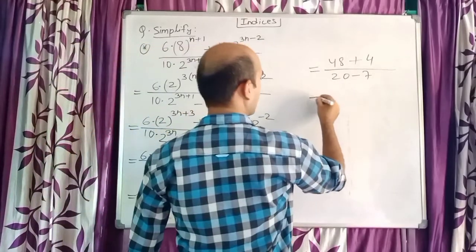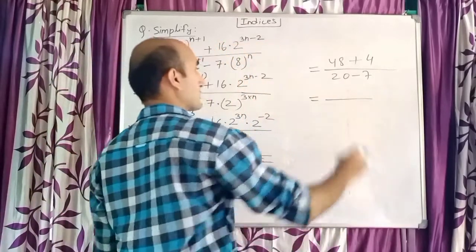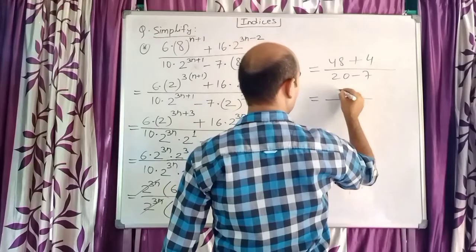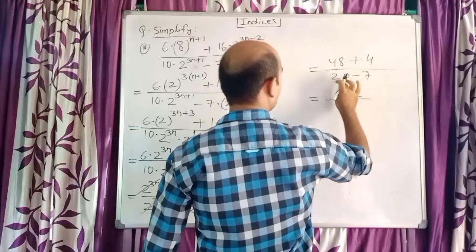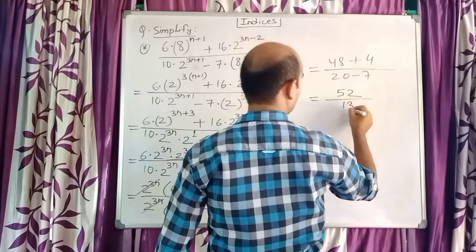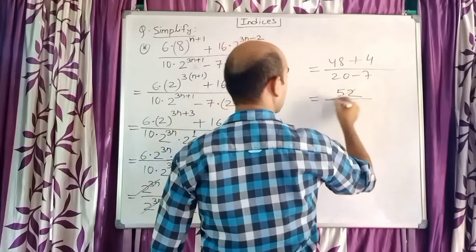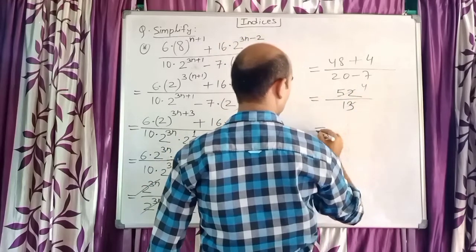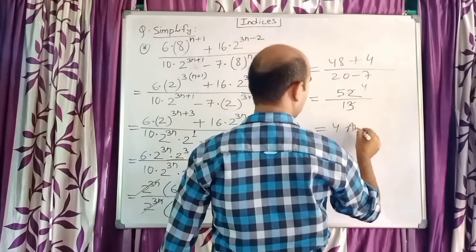So finally we are on the verge of our answer. 48 plus 4 is 52, 20 minus 7 is 13, and 13 4s is 52. So our final answer is 4.